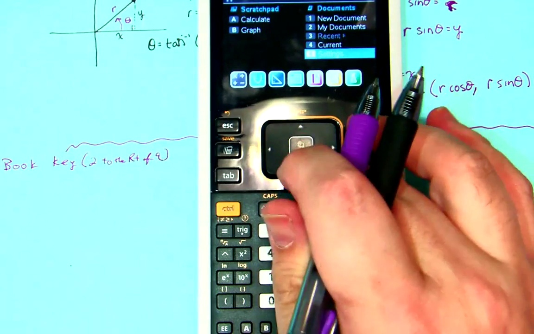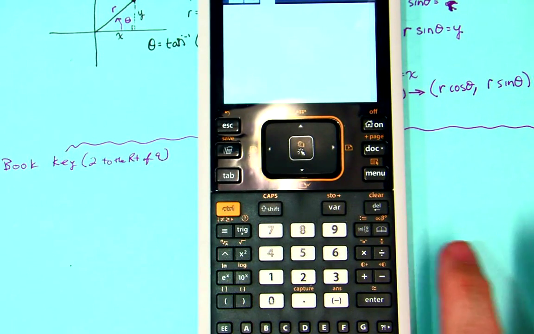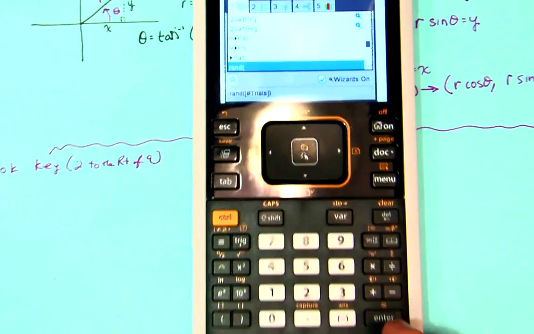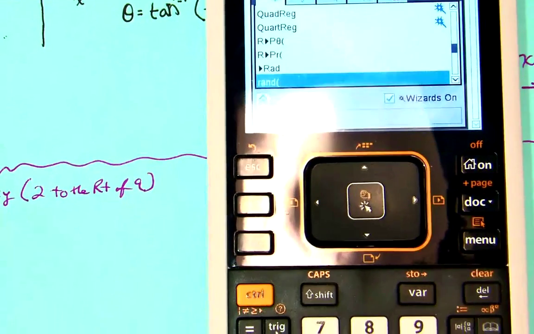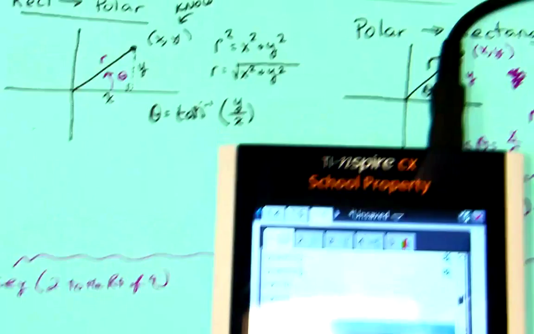Now, get in the calculator screen, and the functions that you're going to use, if we're in the book, let's do this. Let's move that up.